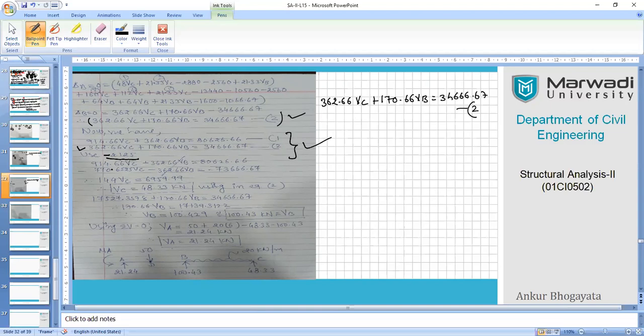So what I did is I just multiplied equation number 2 with this value, negative 2.125, right? So if I multiply equation number 2 with this value, the positive term becomes negative. That is how we can eliminate this VB term, and eventually we can get our VC value first like this.